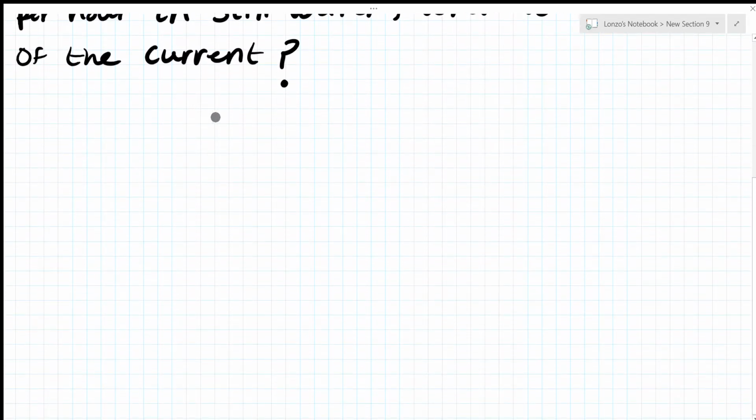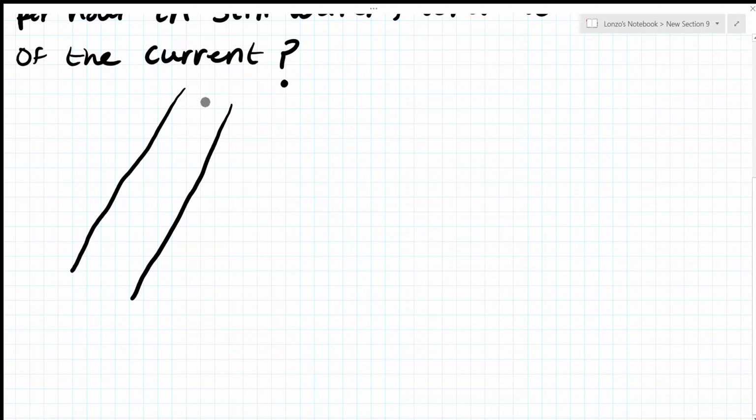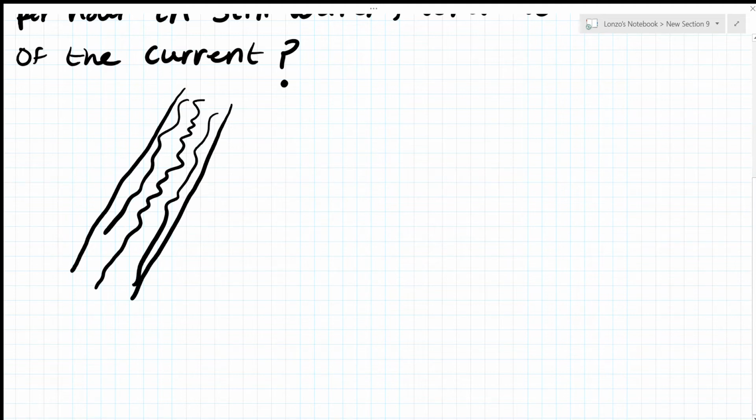Here's my current. Here's the water. Water, water, water. So remember, current has two ways. It could go this way, and then it could go downwards. So what do we know? We don't know the rate of current in miles per hour. So we'll call that x.